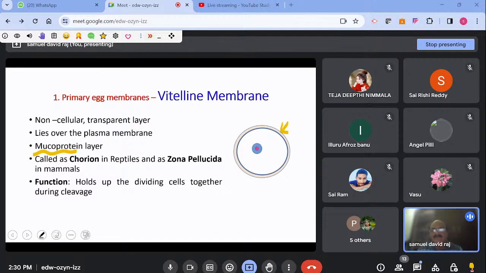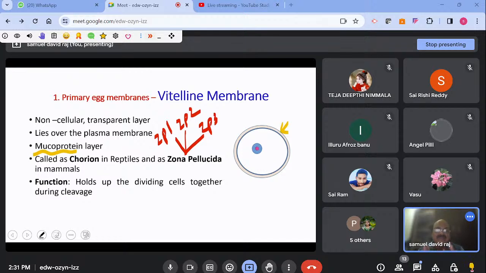For example, in case of mammals, zona pellucida contains different proteins. We call them ZP1, ZP2, ZP3. And ZP3 is the protein which is responsible for species-specific attachment or adhesion of the spermatozoon with the ovum.